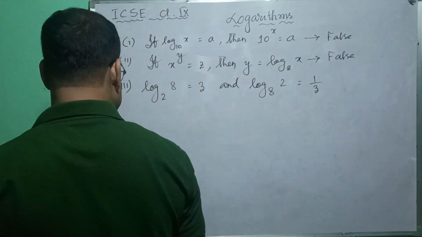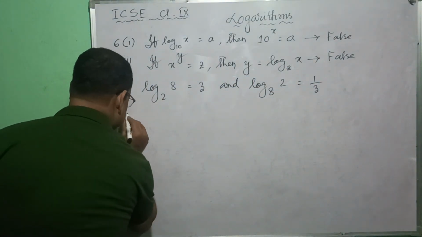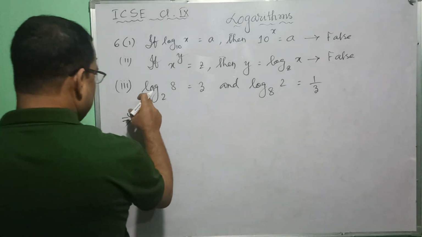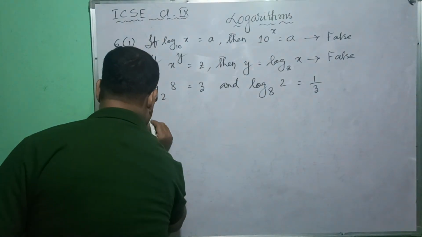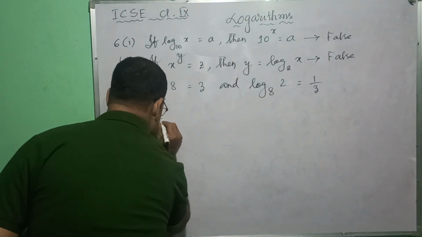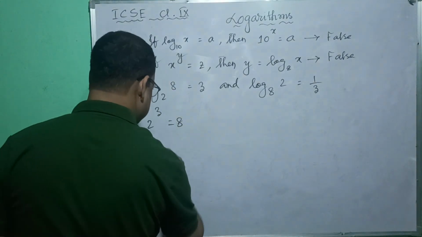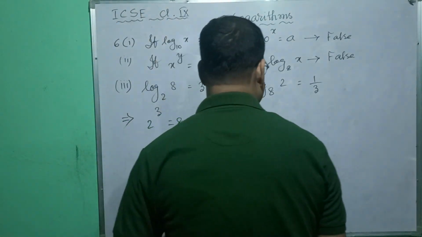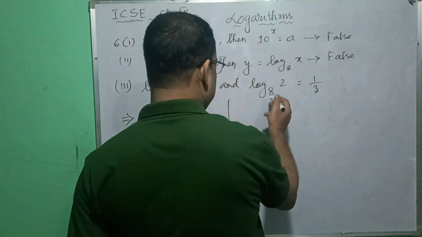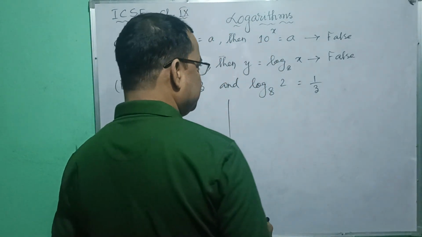So one by one we'll check. The first one, it is given log 8 at base 2 equal to 3. It means 2 to the power 3 equal to 8. So that is true. In the second one, it is given log 2 at base 8 equal to 1 by 3.